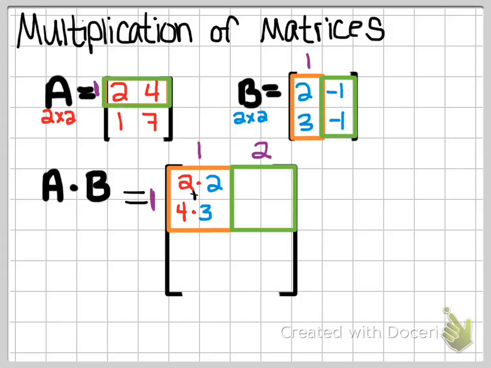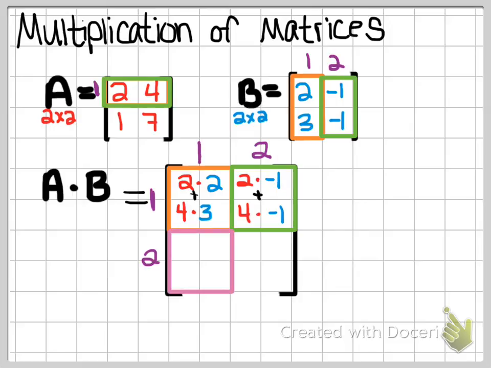So what does 2, my first element in matrix A, row 1, match with in matrix B? That's -1. Continuing, 4 now is going to match up with -1 again. So as we moved, the first element in that first row matched with the first element in that second column. The second element in my first row matched with the second element in that second column.